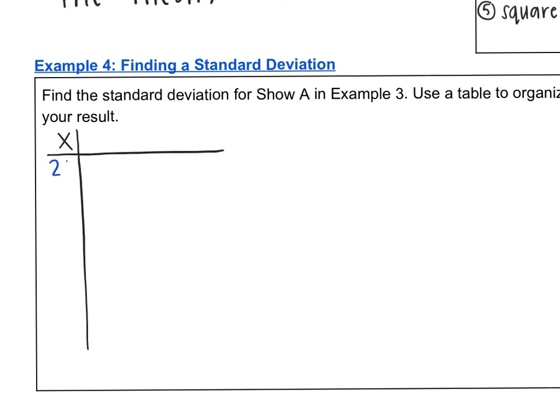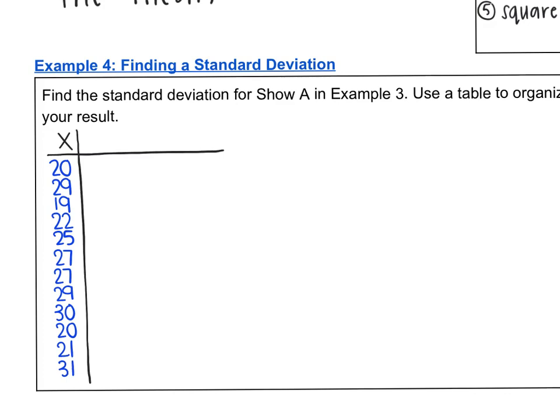They're 20, 29, 19, 22, 25, 27, 27, 29, 30, 20, 21, and 31. So the first column, like I said, is just all the values.